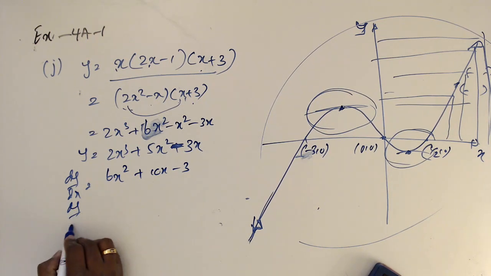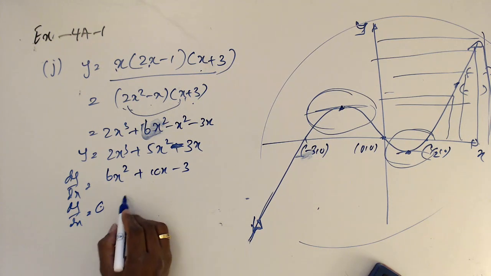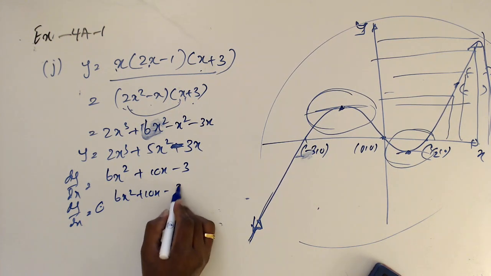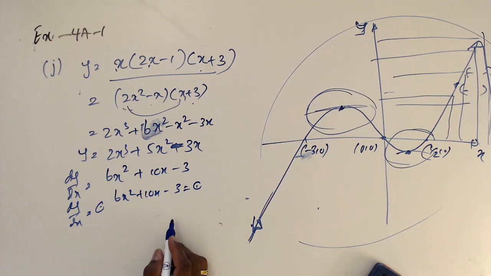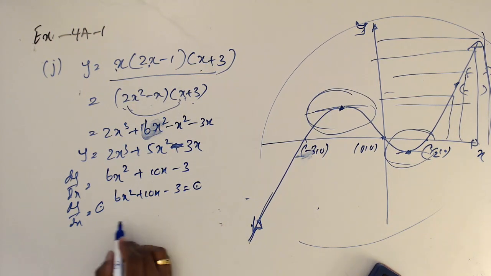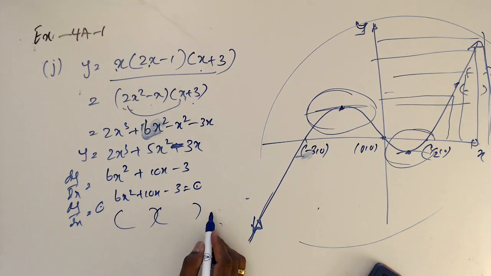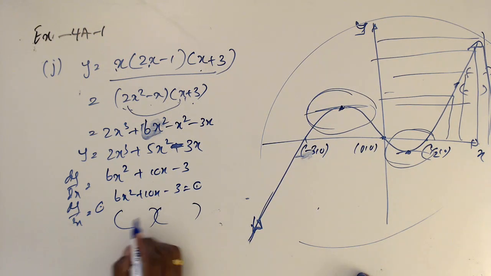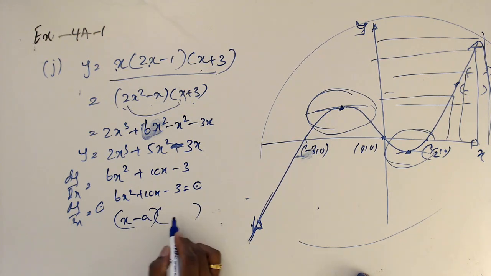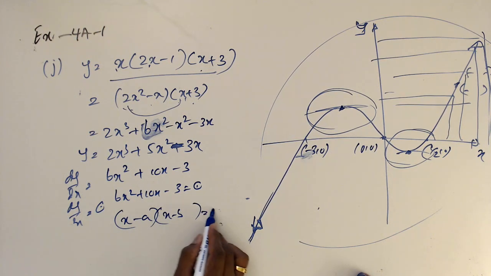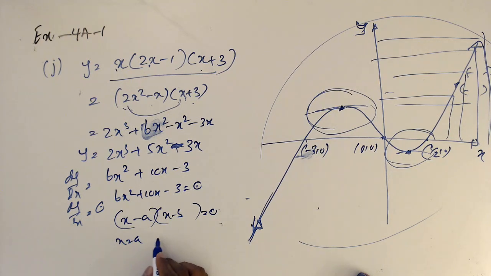Now to find the stationary points, dy/dx equals 0. Then 6x squared plus 10x minus 3 equals 0. Then you can bracket this out, or we have to use the formula. So x equals a or x equals minus b.